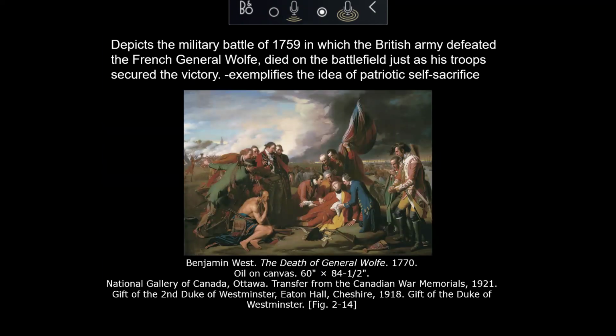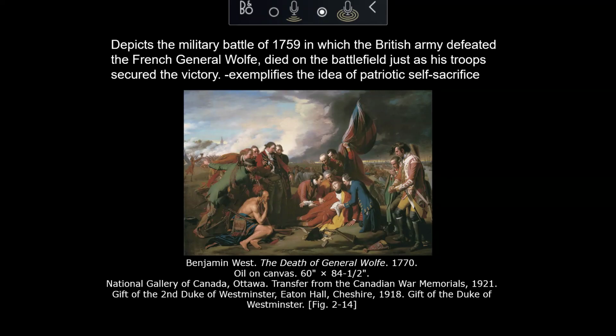Now, this work right here, this is a historical painting that commemorates the death of General Wolfe. Now, we could slice and dice this one up with elements and principles and go into the concepts and the historical events of what happened. But right now, I just want us to be aware of some of the commemorative works.